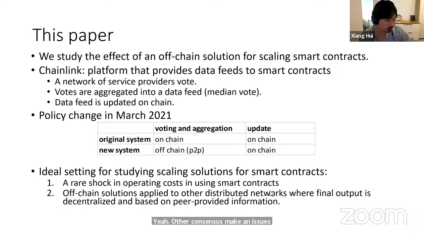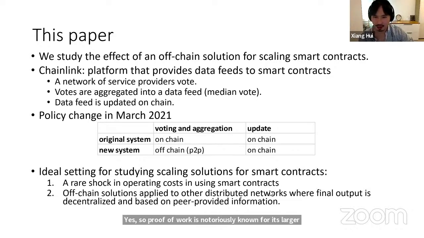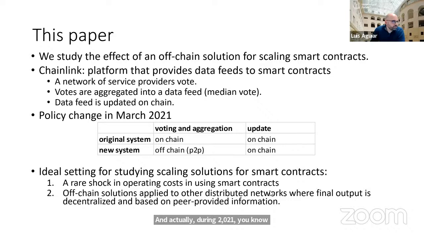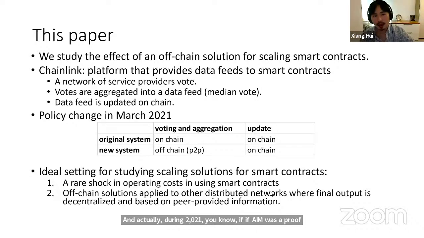Yes, so proof of work is notoriously known for its larger cost. So this off-chain solution is going to help proof of work especially more. And actually, during 2021, Ethereum was proof of work, so it was definitely more relevant. But I would say that the idea of an off-chain solution also works when you have a proof of stake consensus mechanism, because again, this is not about how the base layer consensus is achieved.